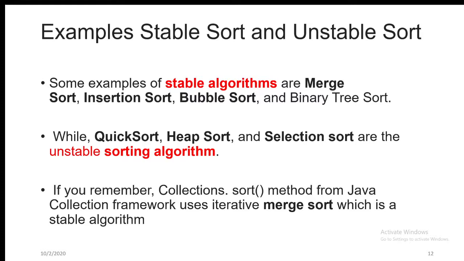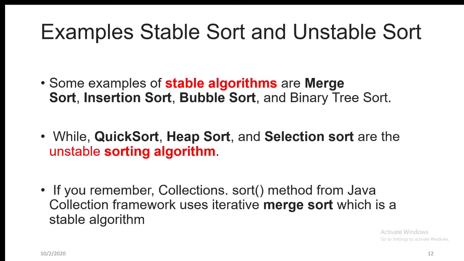I hope this point is clear. I am repeating again: a stable sorting algorithm preserves the relative order of equal elements, while an unstable sorting algorithm doesn't.